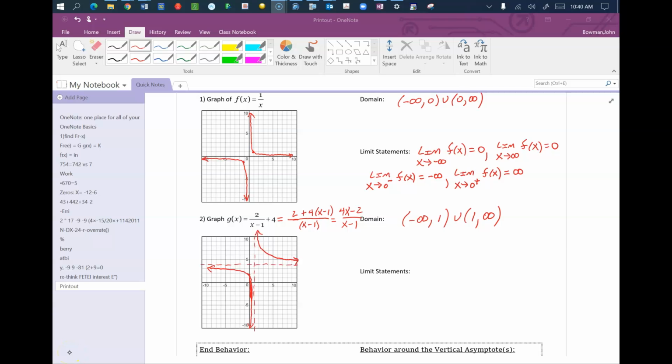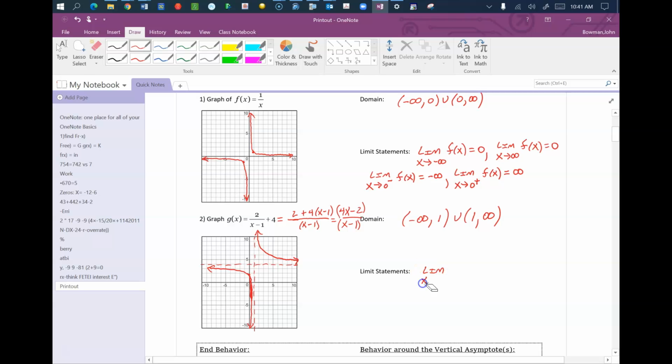So a sketch of the function g of x looks like this. If you did not get this, please double check what you put in your calculator and keep trying until you do get that. Be careful to make sure that you have the entire numerator and entire denominator in parentheses when you do this. So our limit statements go like this.